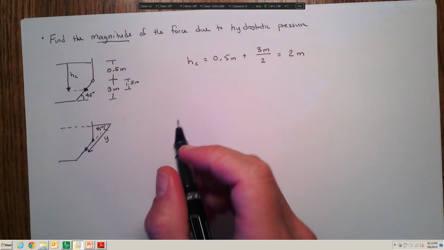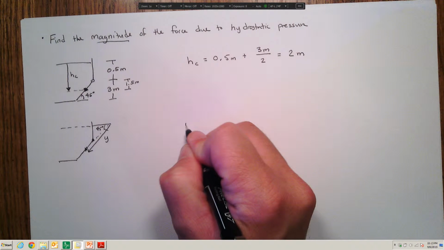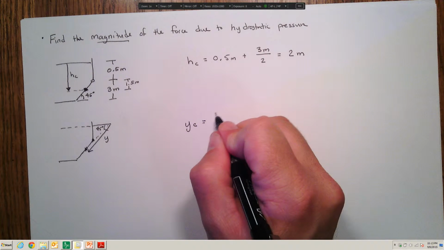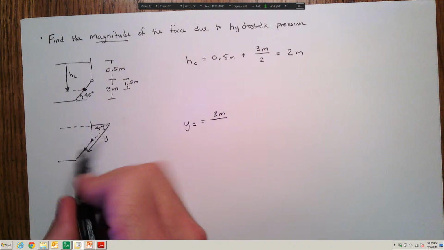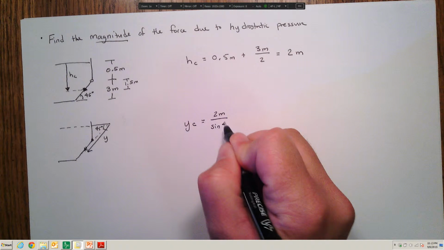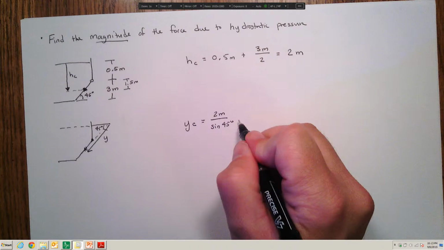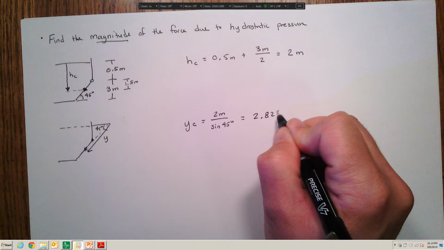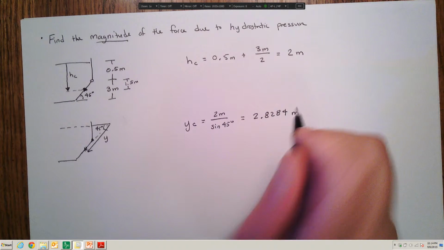The centroid location in the y direction is going to be equal to the 2 meters of depth divided by the sine of 45 degrees. When we calculate that out, we get 2.8284 meters.